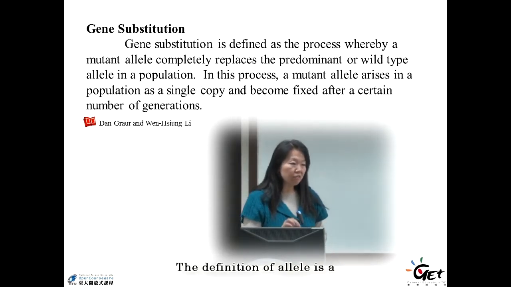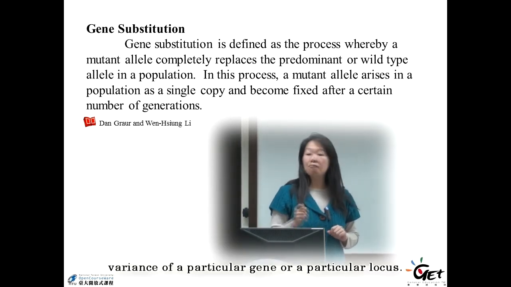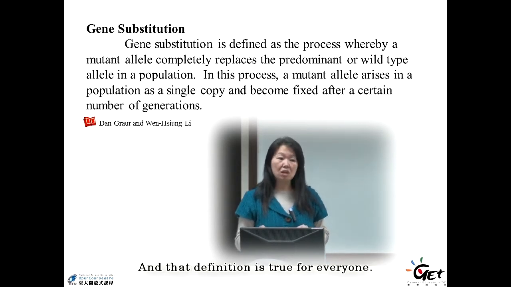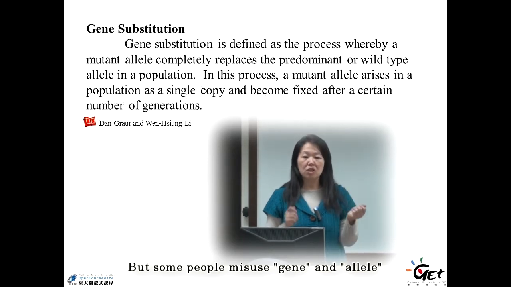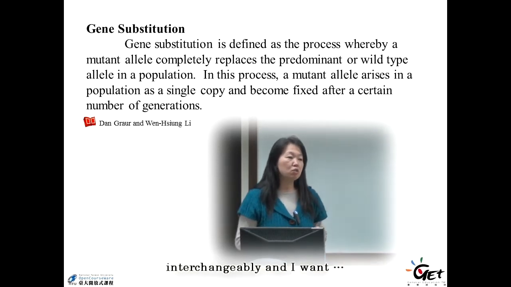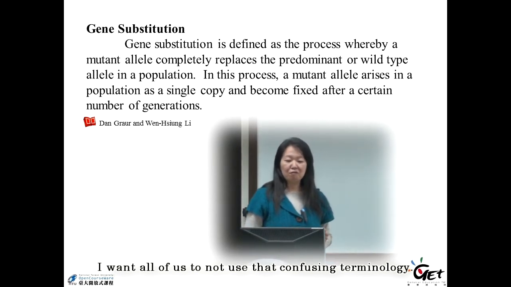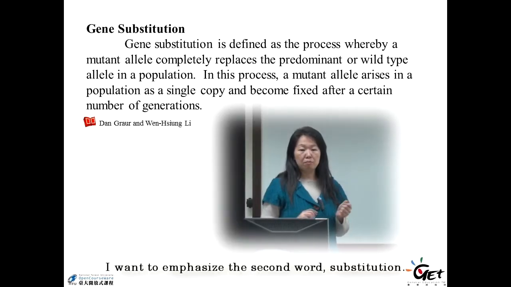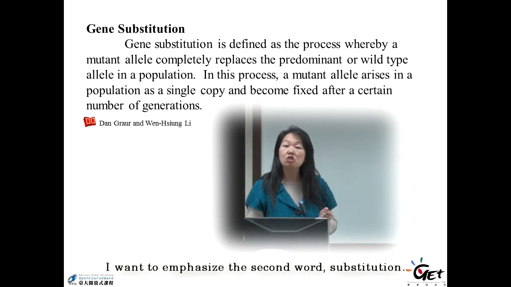The definition of allele is a variant of a particular gene or particular locus, and that definition is true for everyone, but some people misuse gene and allele interchangeably, and I want all of us to avoid that confusing terminology. So when we talk about gene substitution, I want to emphasize the second word, substitution.